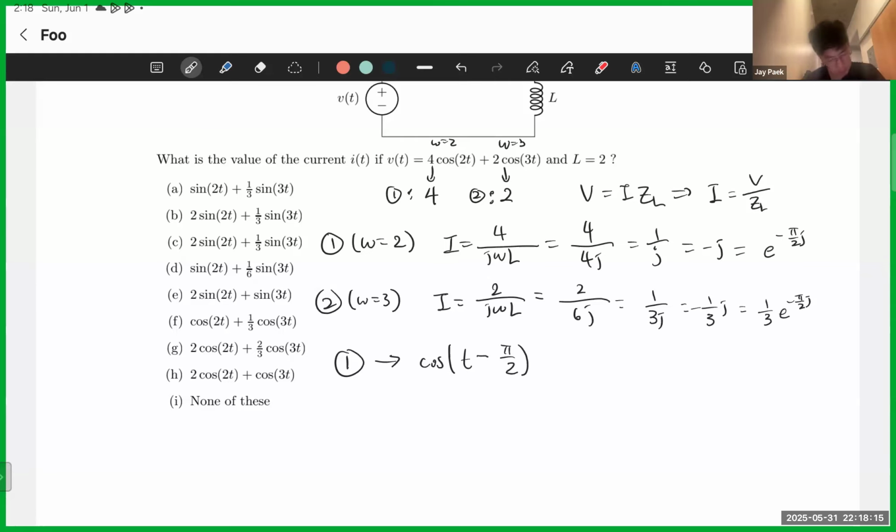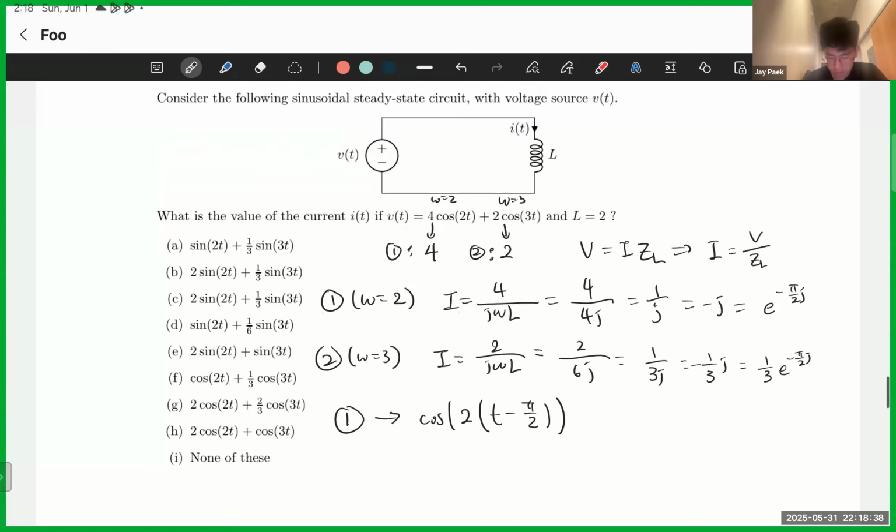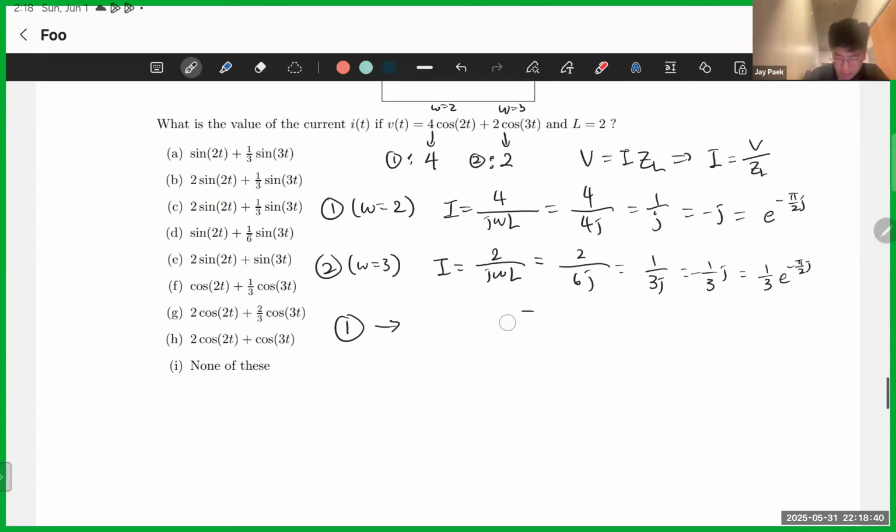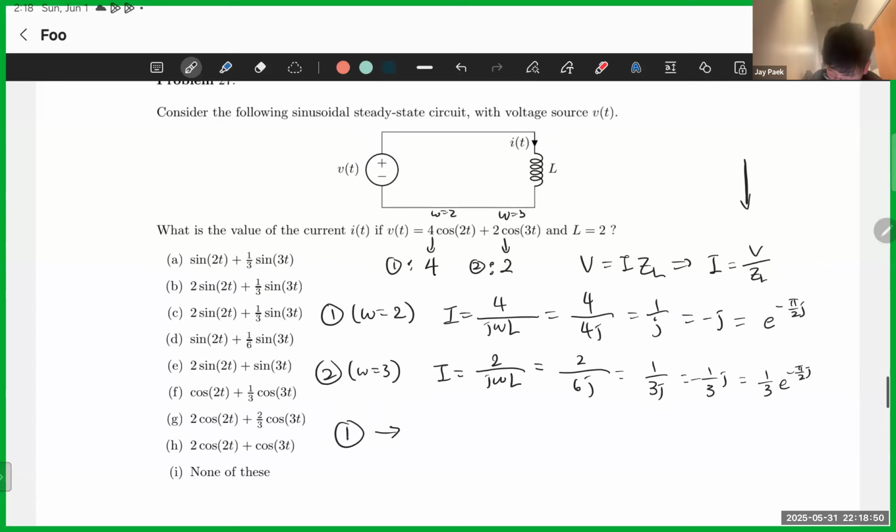Is it a plus? I believe not. Also, it should be 2 times. Should be plus, I mean, okay, well, I write it out like this, but my initial gut reaction is that this is a phasor that starts down here.